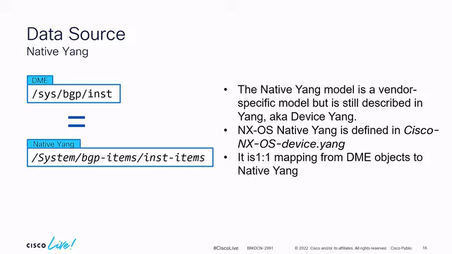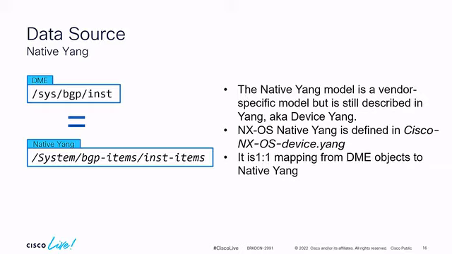Okay, so with OpenConfig, we know some information might not be available because it's a little bit behind the vendor implementation. So if I still want to use my YANG model but get more information, that is the second YANG model that we support, called native YANG.